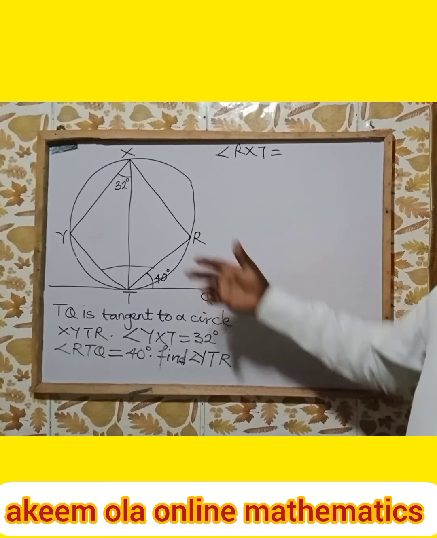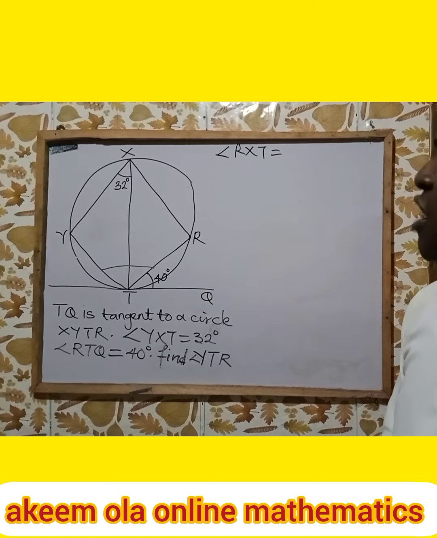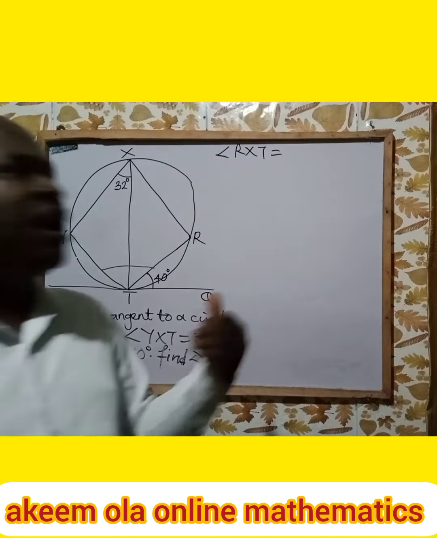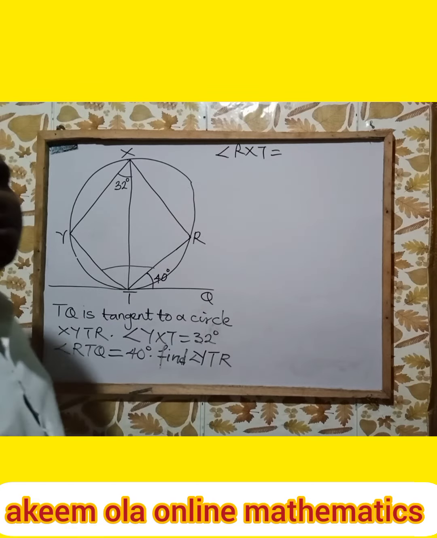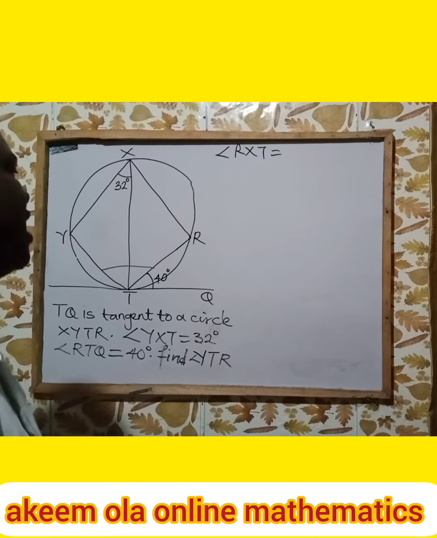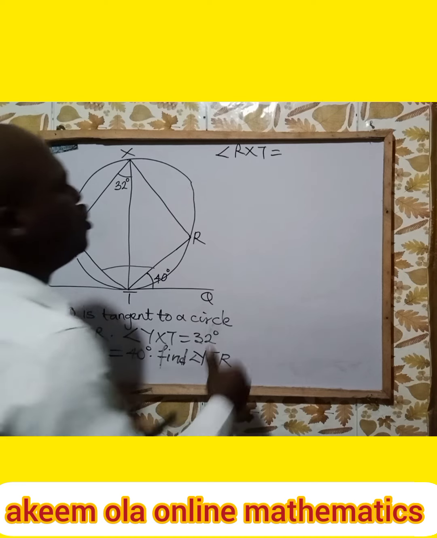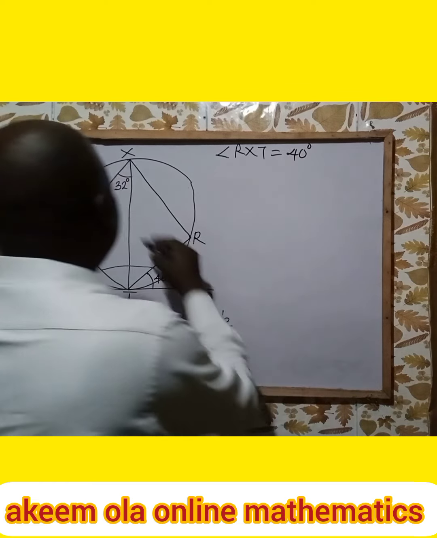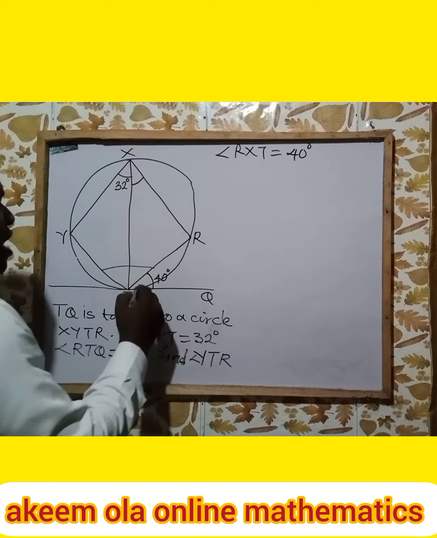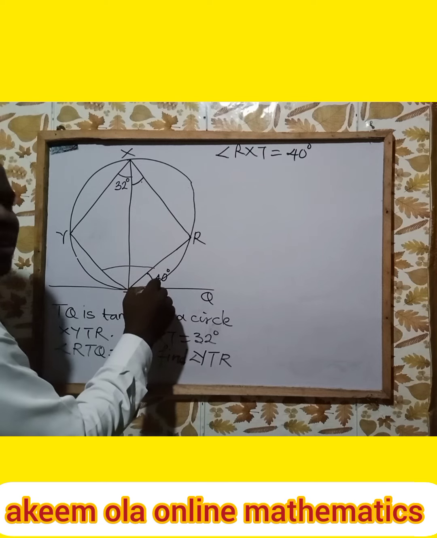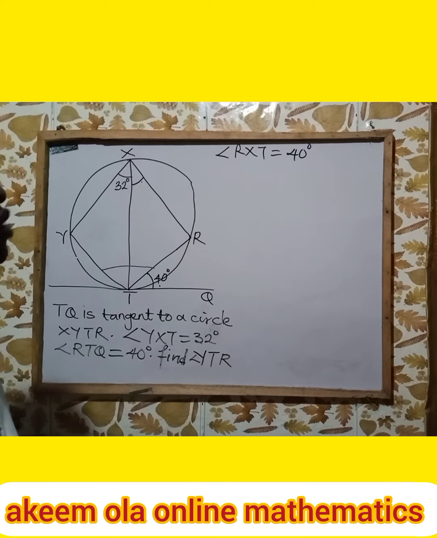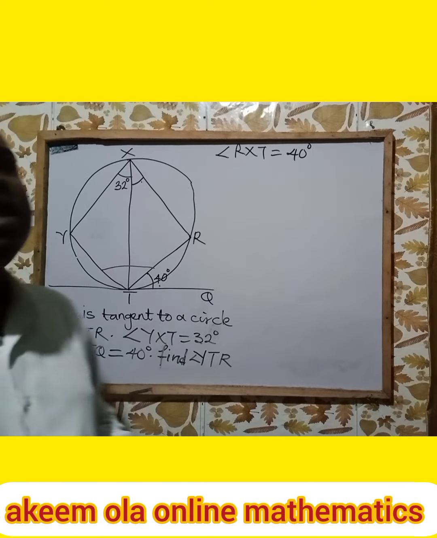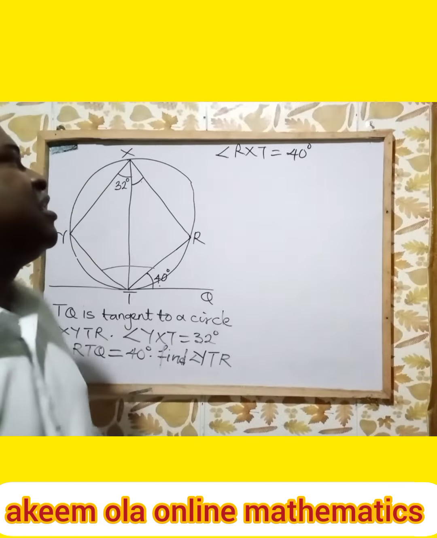What can we do now? How can we get our RST? If you check very well, you will notice that there is an alternate segment angle in this particular question. So automatically, I can write that my RST is 40 degrees. The angle here is equal to the tangent angle here, and the relationship between them is that the alternate segment angle is always equal to the tangent angle.